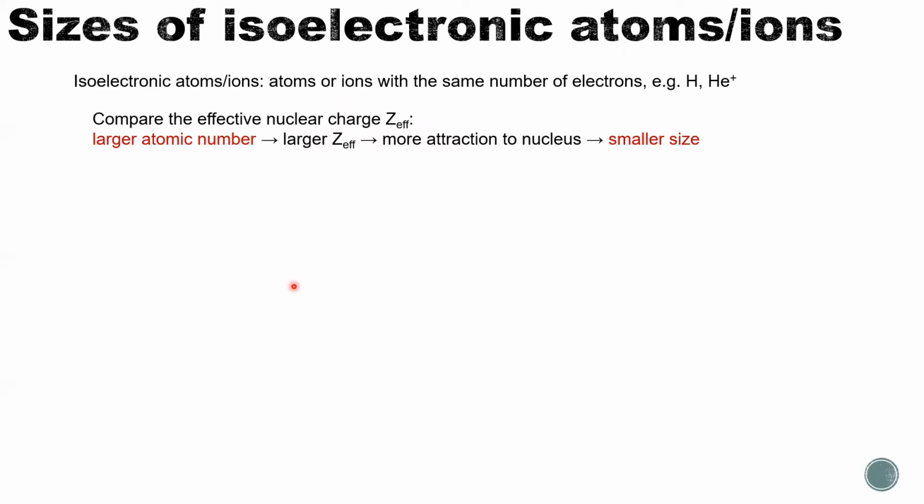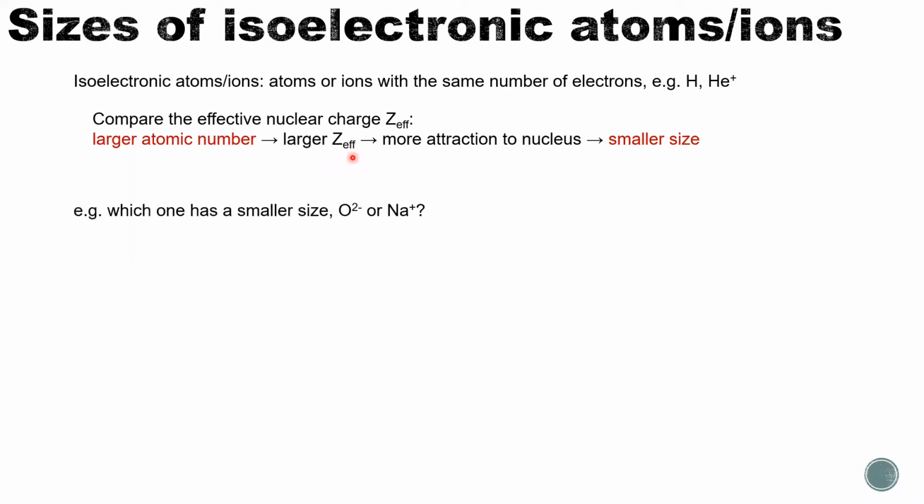What we really care about is how strongly they feel the attraction from the nucleus. The stronger the attraction, the smaller the size. So we can compare the atomic numbers of the two species. The larger atomic number leads to a larger effective nuclear charge, because there are more protons and more attraction to the nucleus, which leads to a smaller size.